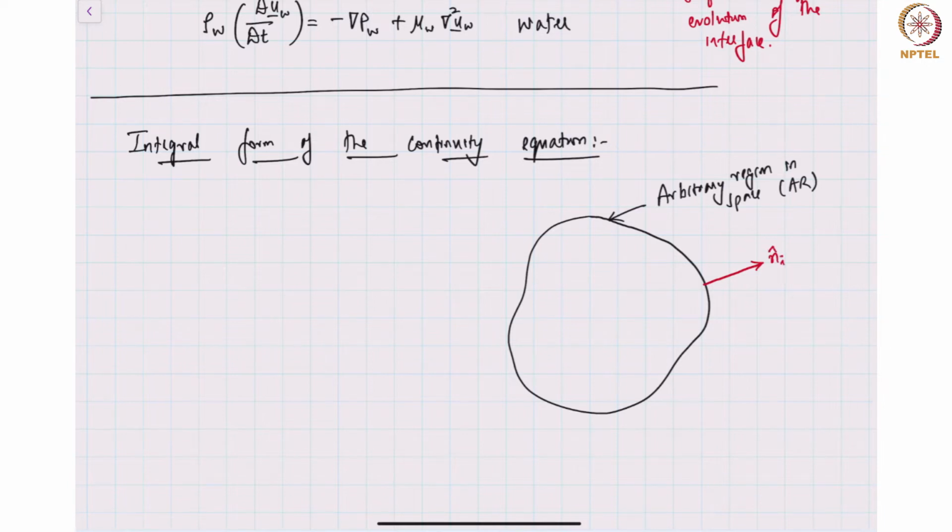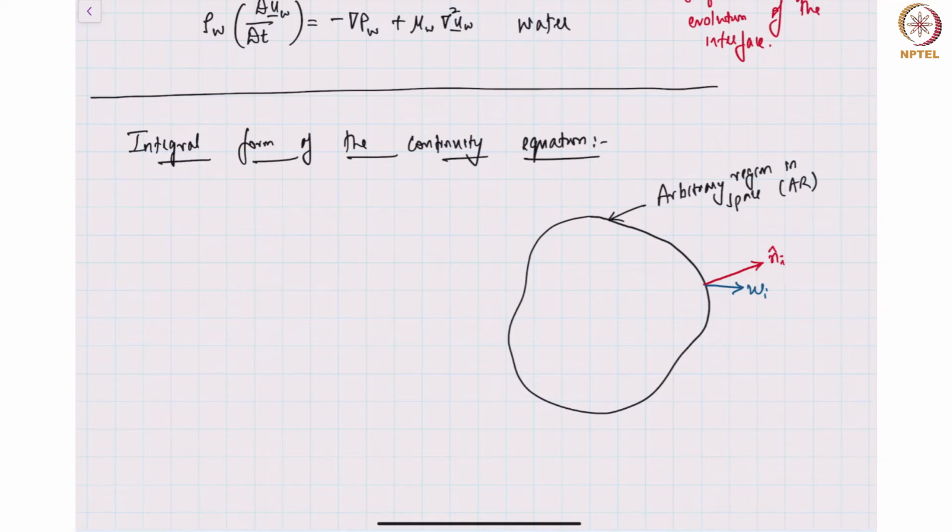If it's a unit vector, I will put a little hat on top of it, and because it's a vector, I have an index i. The boundary itself could be moving subject to some forces. Let us say the boundary has a velocity of w_i. So we can clearly have a velocity which is normal to the boundary and a velocity tangential to the boundary.